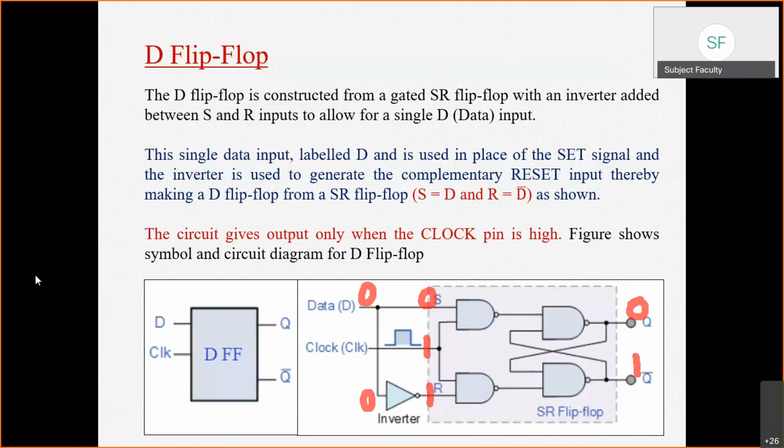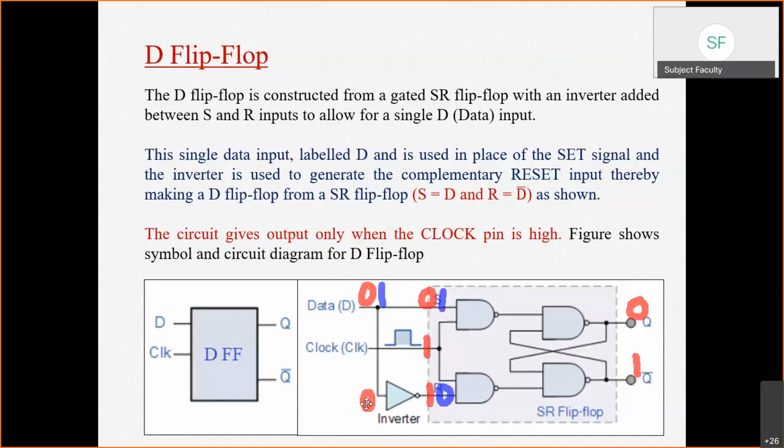Okay, similarly, when the value of data input is, let's say, now 1, what will happen? This set will also be 1, but the value of this reset will be 0, because it is the complement, the output of the NOT gate, right?